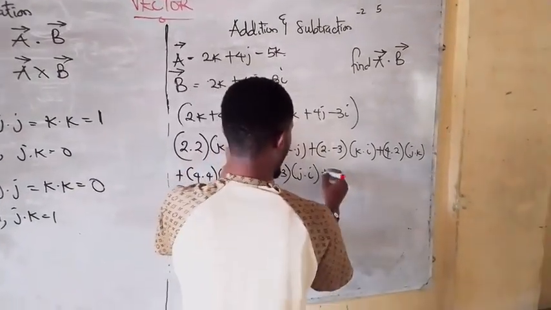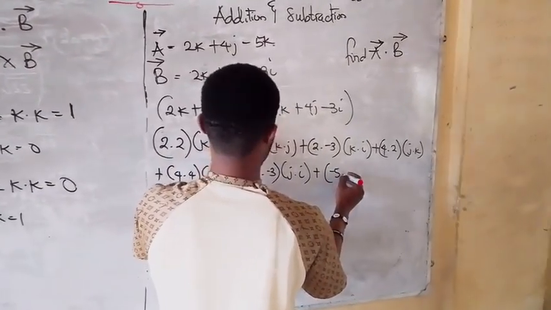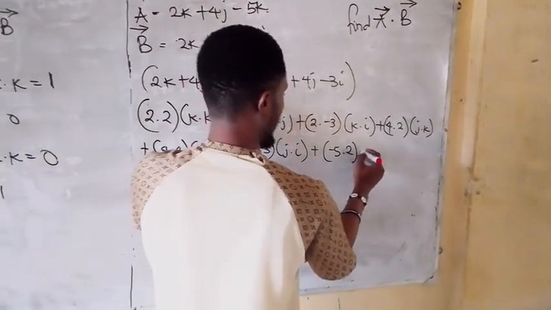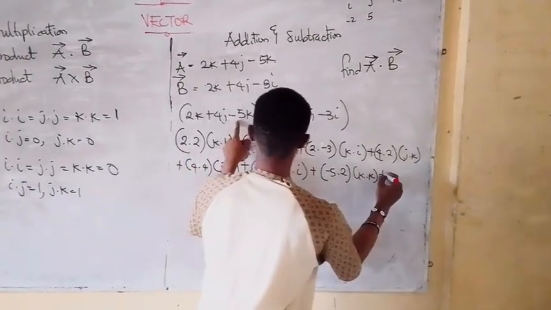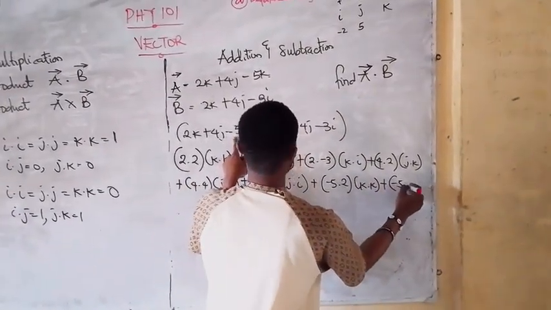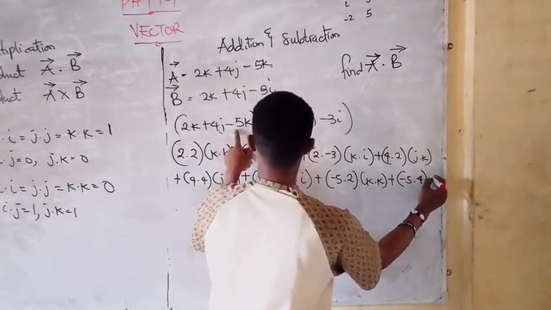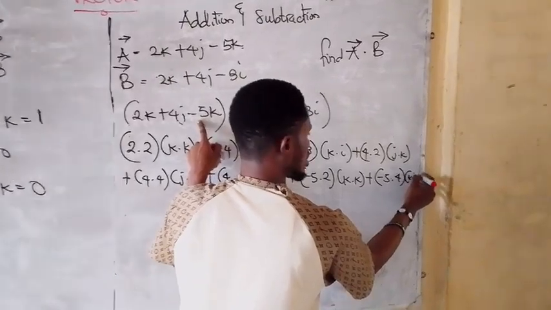I go to the next one, plus minus 3 dot 2. Then I have k dot k. Next one I have plus minus 3 dot 4 bracket k dot k.